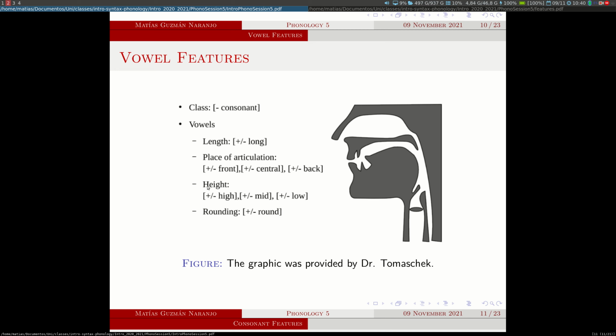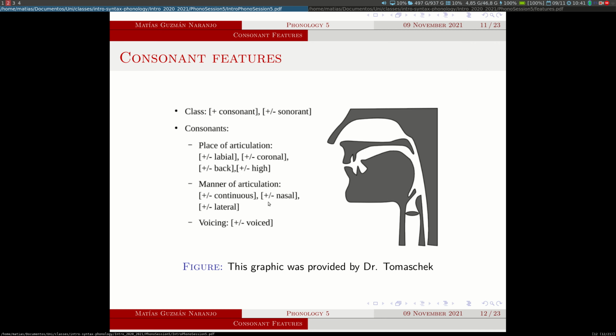They also have features for height. These are often high, mid, low. Many languages do not require central or mid, and you can express enough contrasts just with front, back, high, and low. They have rounding, and sometimes they also have ATR and other features. We'll see them in a bit.